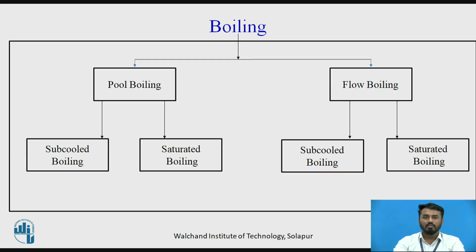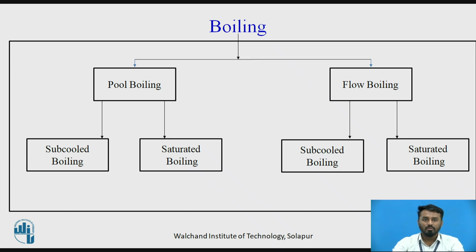Boiling, based on the state of the fluid, can be classified in two ways. If the fluid is at a stationary condition, it is considered pool boiling. If the fluid is in motion, it is considered flow boiling.